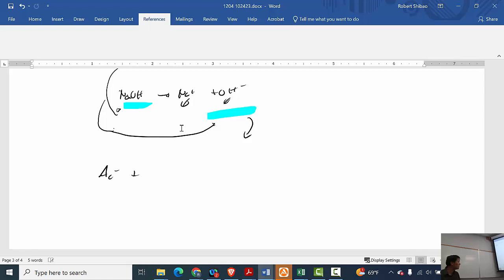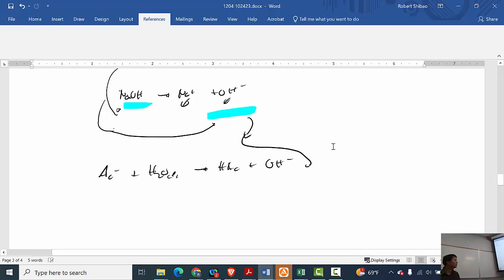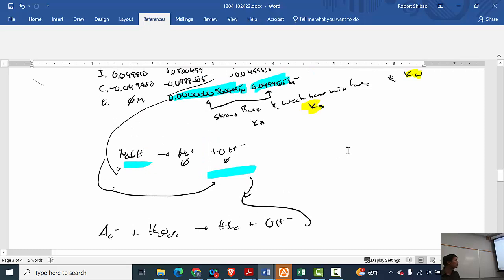And so we have the acetate plus water can produce HAc plus hydroxide. What I'll do is start off with that amount of hydroxide as a common ion, so this is coming from the strong base.